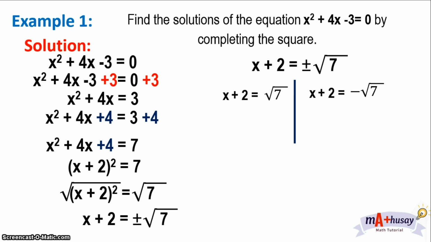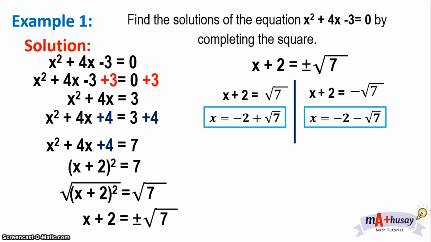So the value of x for x plus 2 equals square root of 7 is x equals negative 2 plus square root of 7. On the other side, the value of x is negative 2 minus square root of 7.